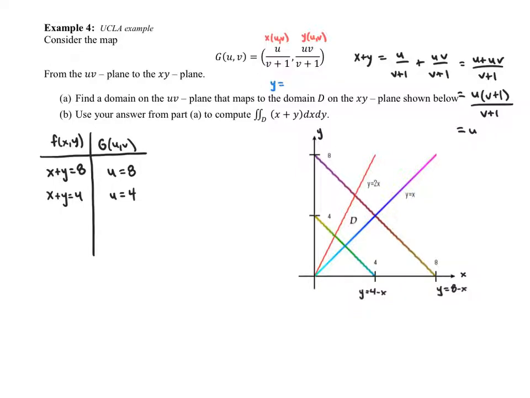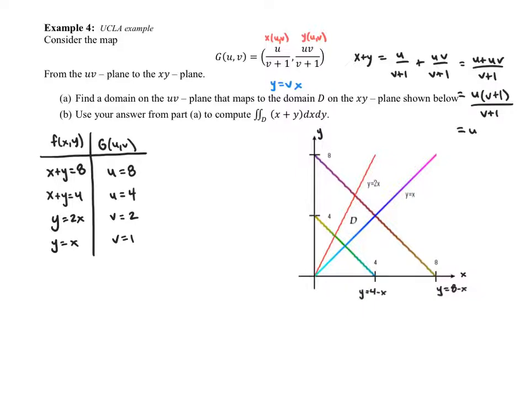Actually, I'll write it as v times x, because then what you'll see is that if we look at y equals 2x, well, if y equals v times x, that means that v would be 2. And if we look at the other one, y equals x, and if y equals v times x, well then v is equal to 1. So there we go. We have our equations that are transferred here.